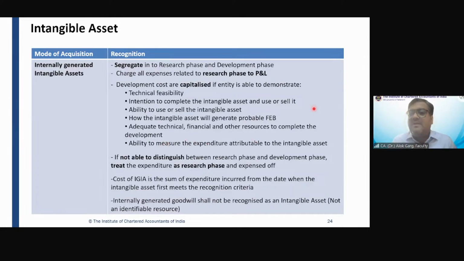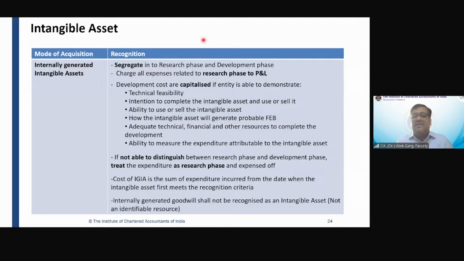Ability to measure the expenditure attributable to the intangible asset: normally it always happens, as the company maintains proper books of accounts. Friends, if these conditions are satisfied, then it is said that the development phase has started.